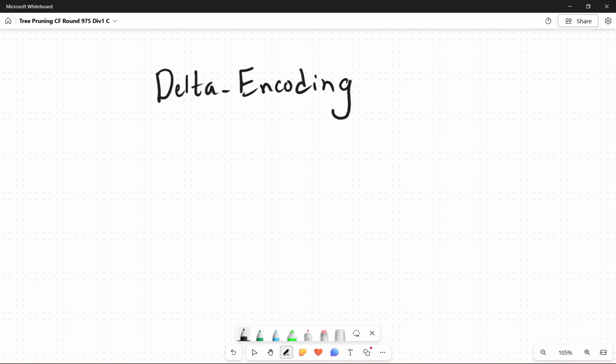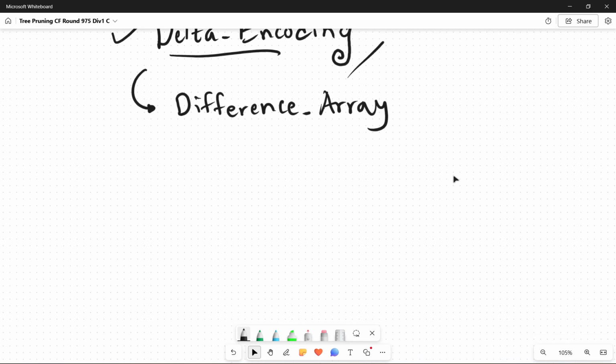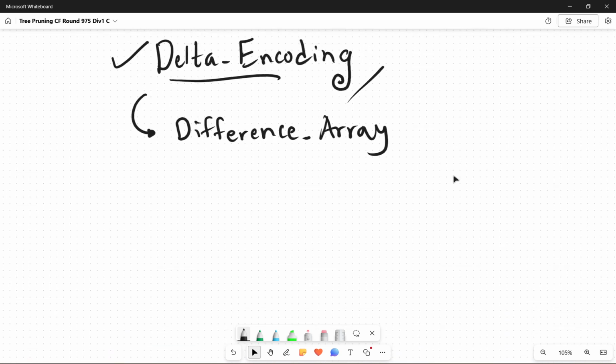Very simple yet very effective technique, delta encoding. Some people call it a difference array. It is a somewhat informal name, but delta encoding is the classic name. Let me give you a brief overview of delta encoding.